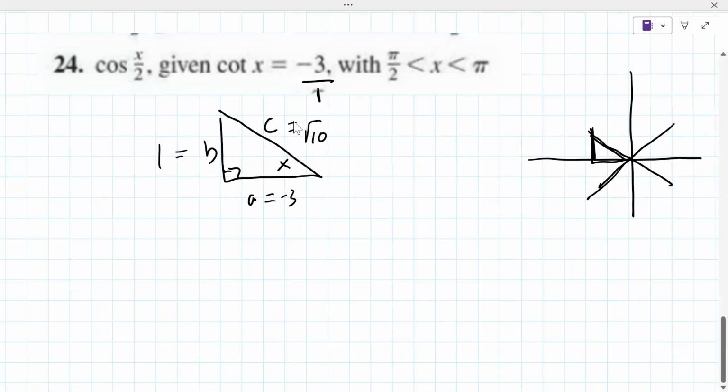Now you need to find the cosine of X. What would the cosine of X be? Root -3 over √10.